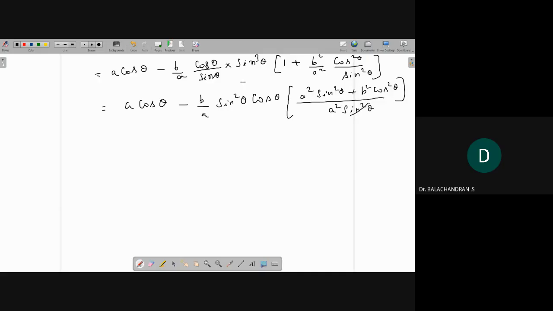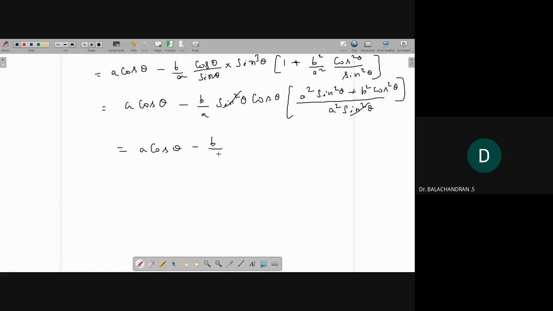So sin square theta gets cancelled. So you'll get a cos theta minus, multiply now. If you multiply now, you'll get a minus b by a cos theta into cos square theta into sin square theta. Okay, so a square gets cancelled.